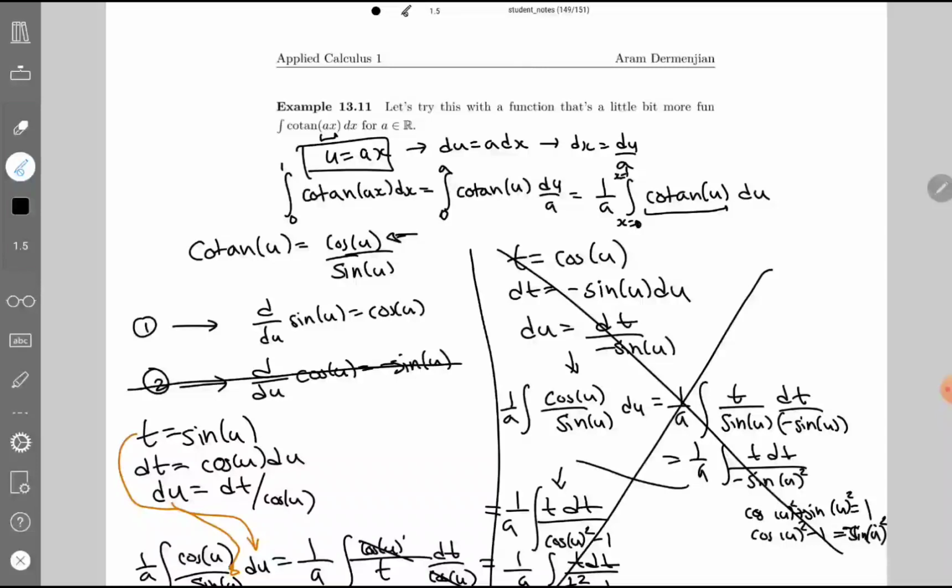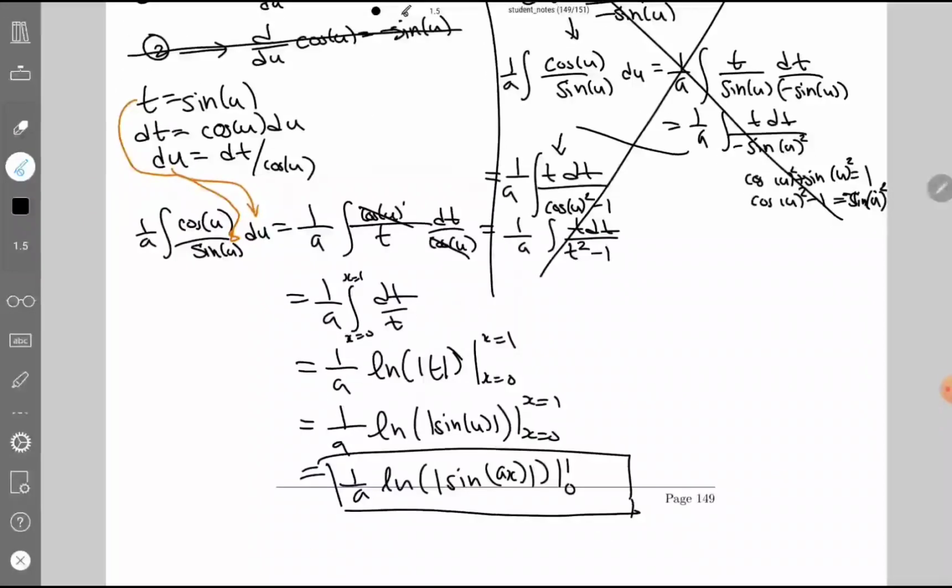So here I'm going through all of the options. Maybe I shouldn't have deleted, but whatever. And then here, I do sine of 0. Sine of 0 is still 0. And then I don't know what sine of a is, so it's just going to stay as sine of a. And then here, I can plug in right away.